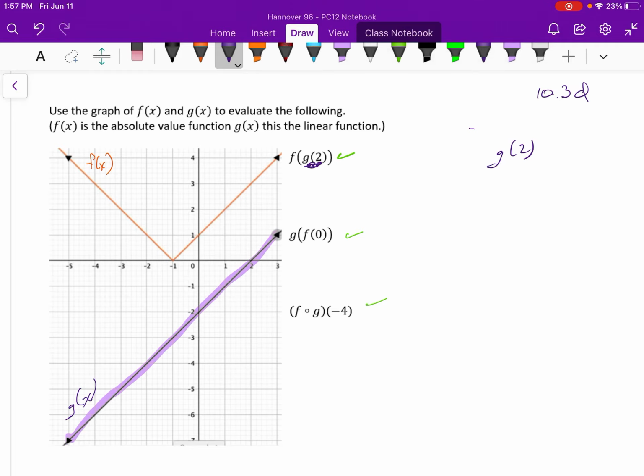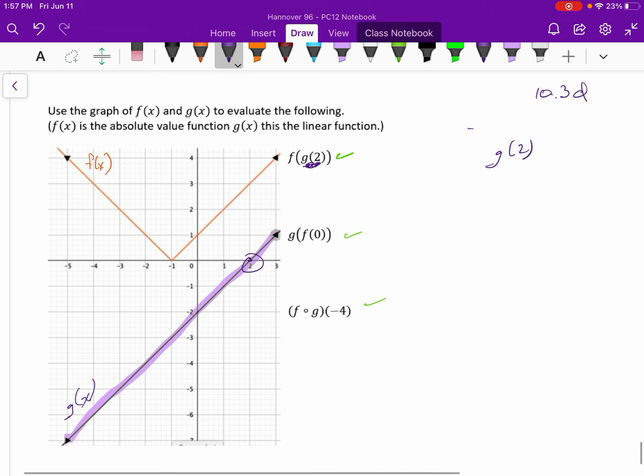So what is g of 2? I look for my value of 2, and I ask, what is the value of g at that point, my y value on g? And that would be 0. I would try to use this notation as much as I can. So I'm just going to evaluate the inner brackets. g of 2 is 0.